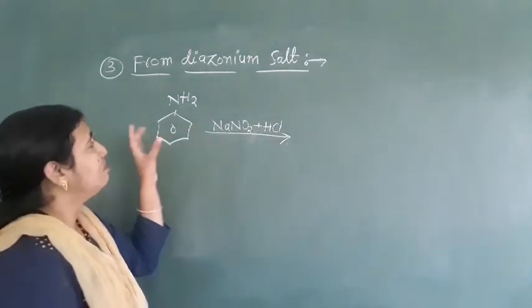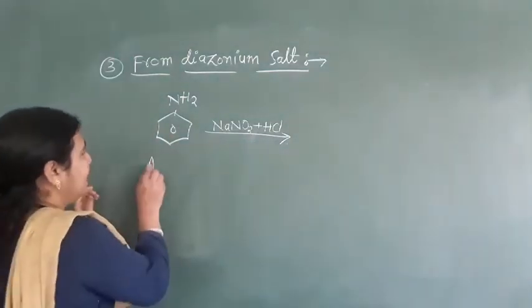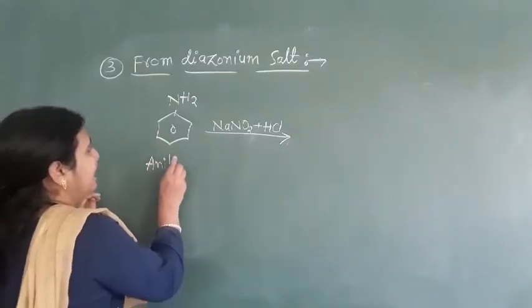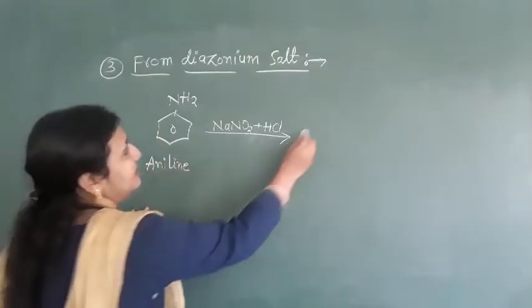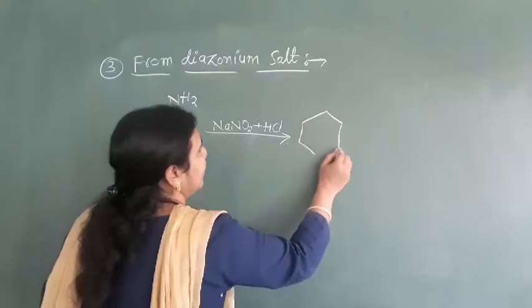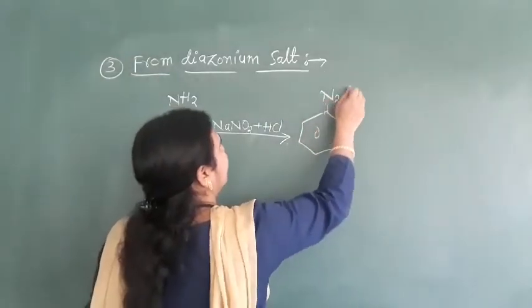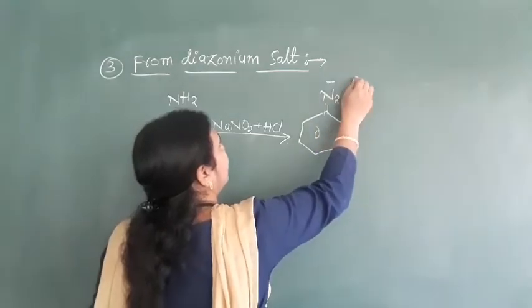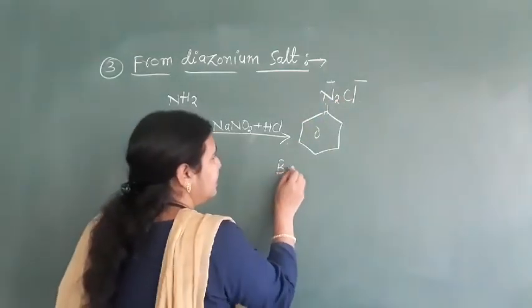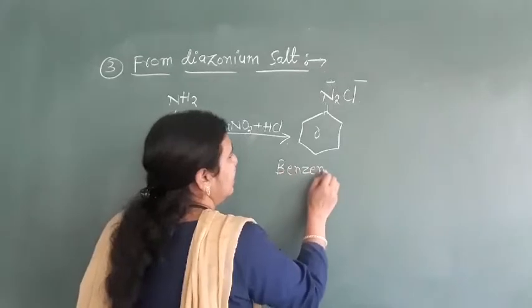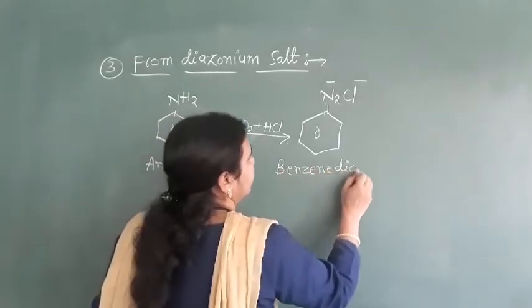Aniline, when it reacts with nitrous acid, gives benzene diazonium chloride, N2 plus Cl minus.